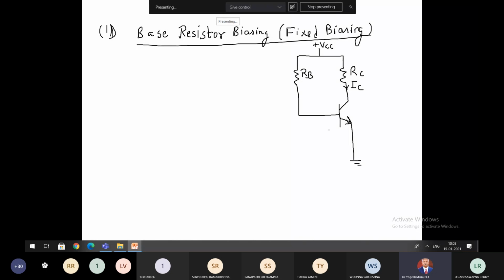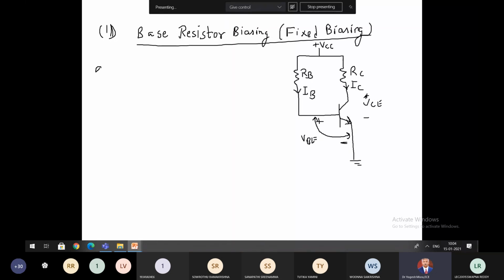Here this is ground. And voltage across collector and emitter is VCE. Right? Here you will find a current IB. And between base and emitter, here you will find a voltage drop, and that will be VBE, the voltage between base and emitter. This side it is positive and this side it is negative. Right, so VBE for a silicon transistor is 0.7 volt and for germanium it is 0.3 volt.